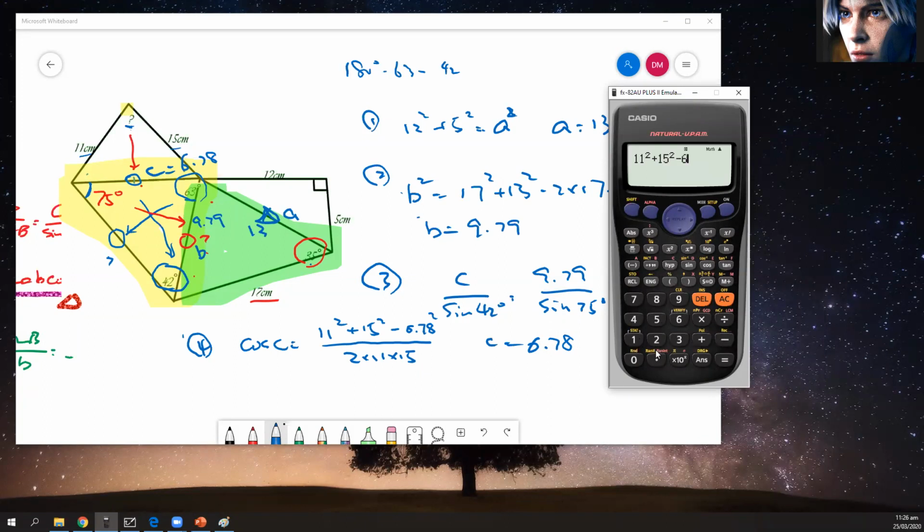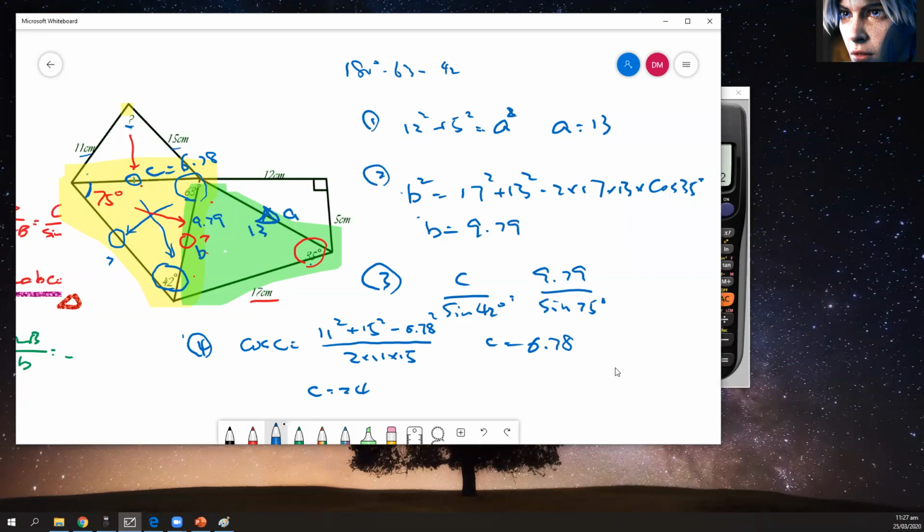And then minus 6.78 squared, divide by 2, divide by 11, and divide by 15. That gives me cosine C, right? And then we take the inverse cosine, whatever the angle is. So hence C is equal to 24.5 degree.